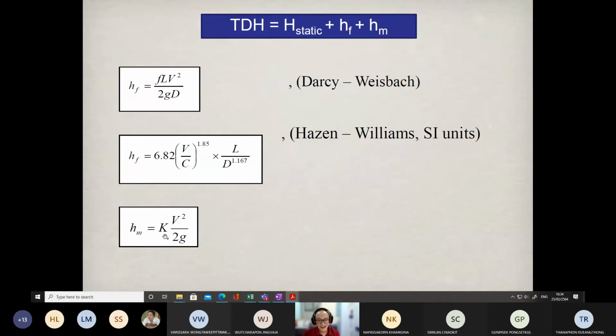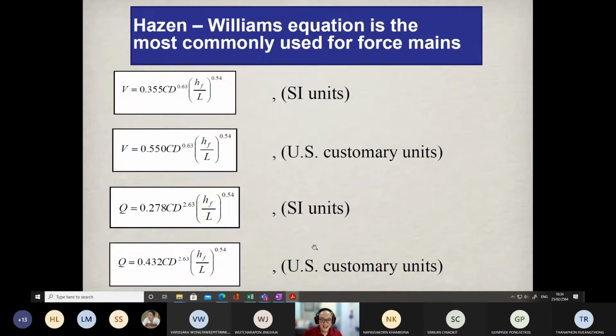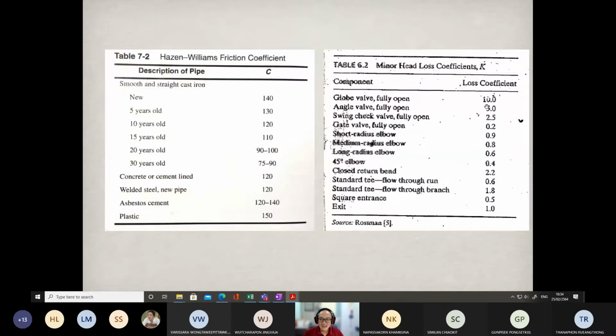So you can apply the K values, and the K values can be obtained from this table of minor loss coefficients K. For the elbow, you have to take K of 1, but for the globe valve fully open, it's quite high at 10.